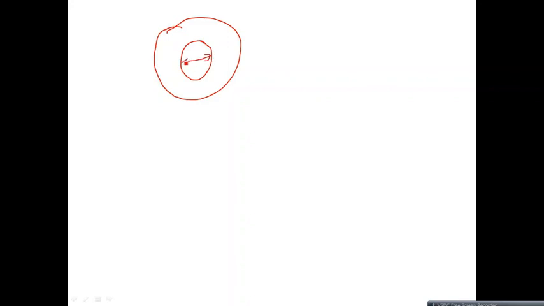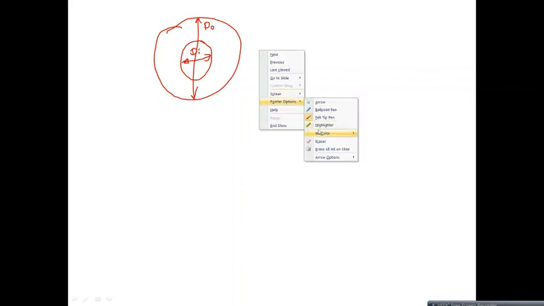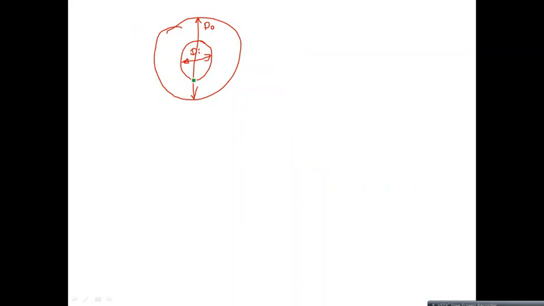Let's consider a side view of a clutch plate, which has an inner diameter di and an outer diameter do, and let us mark the mean diameter dm. So let us go for the side view here.